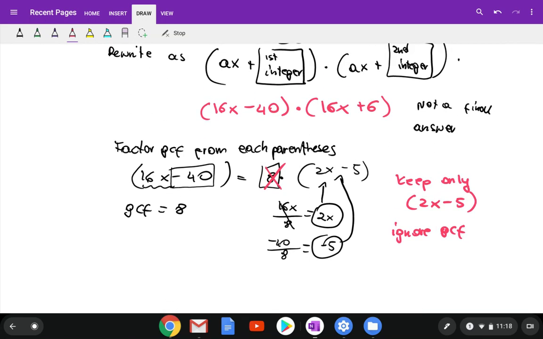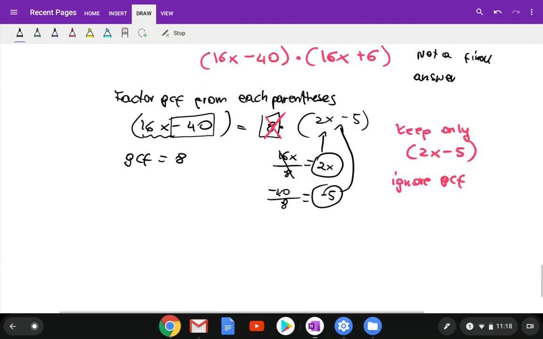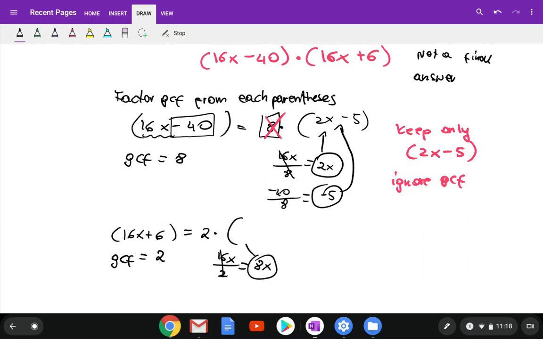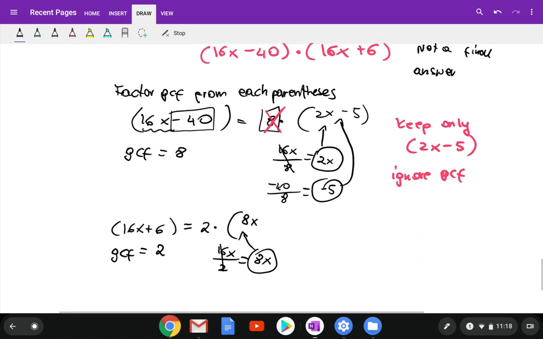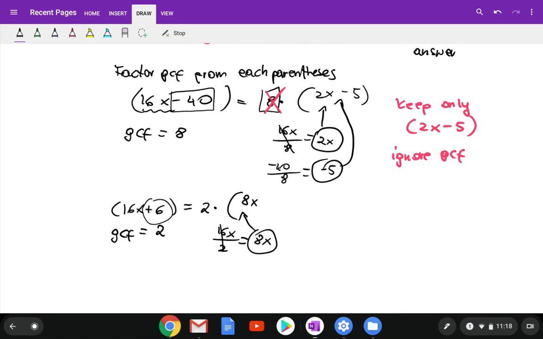Next, the second group, you have 16x plus 6. Find the GCF. The GCF between 16 and 6 will be 2. So putting that 2 times. Again, take that 16x, divide by 2, you will end up with 8x. That will go here. And take that positive 6, divide by the GCF, which is 2.